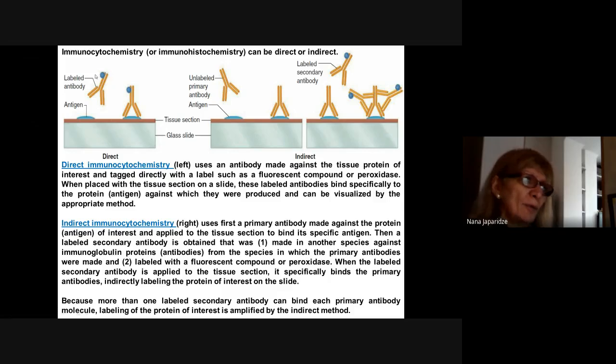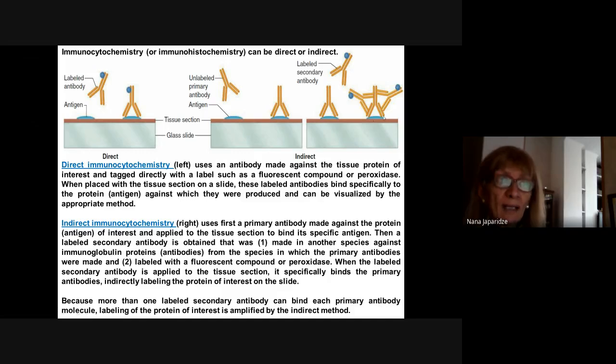Look, it might be, for example, peroxidase, or it might be immunofluorescent molecules. It does not matter; it depends on the substance. But in the indirect one, we use two populations of antibodies: an unlabeled primary antibody which binds to the antigen in the tissue sample, and then a labeled secondary antibody.